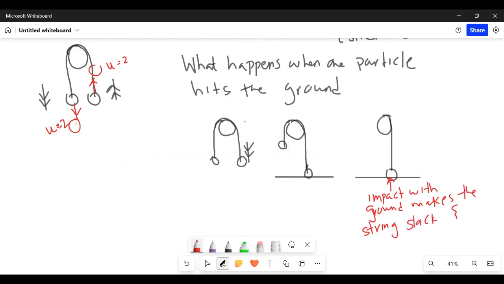That means the string is now not straight anymore. It now has curves in it. So because the first particle hits the ground, the impact makes the string slack and the other particle moves further up.